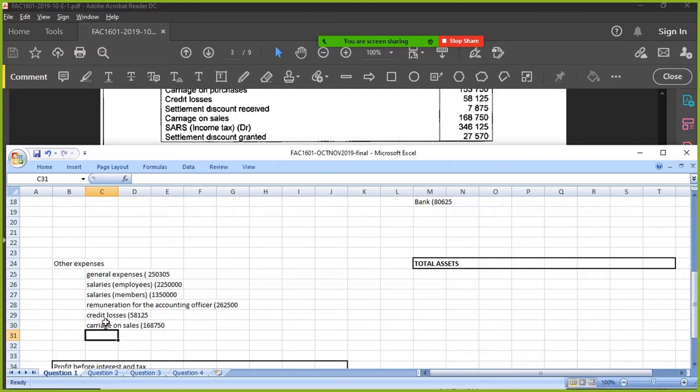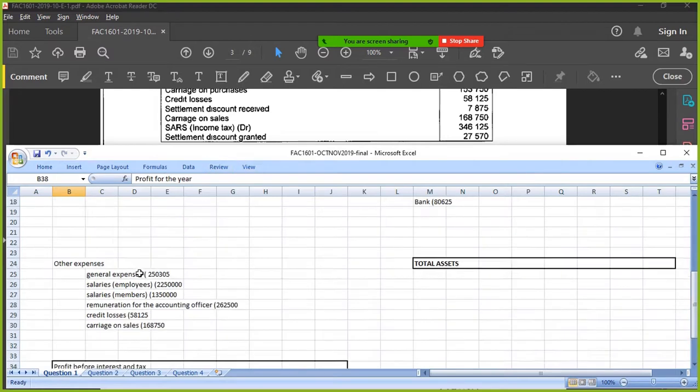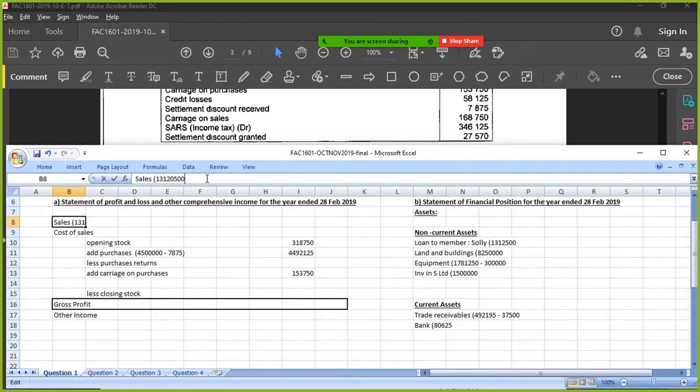Okay, SARS income tax. Settlement discount granted. Okay, here I'm going to show it there. Okay, 27,570. Alright, was that it?